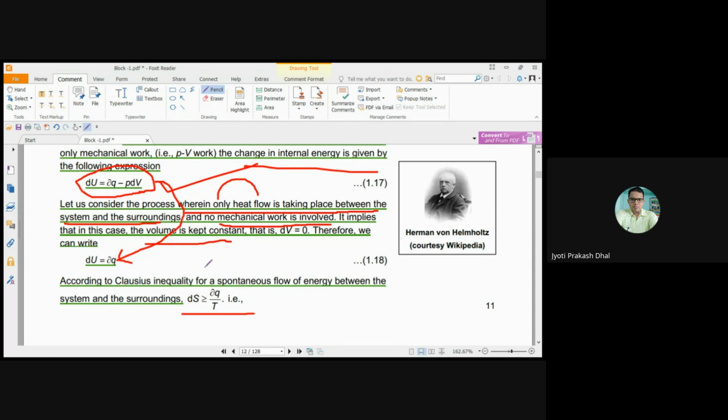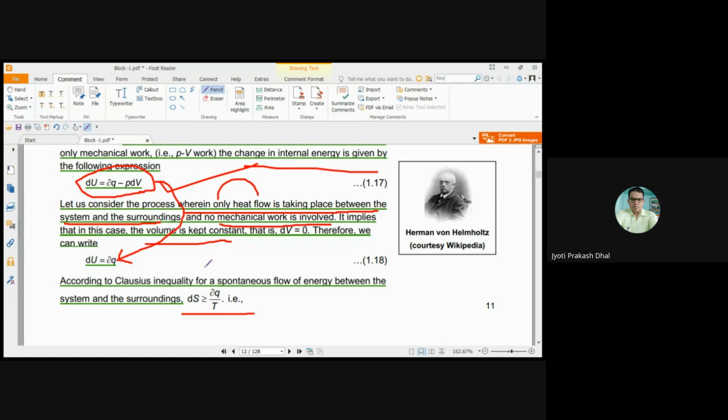That means if the volume of the system is kept constant, the heat exchange between the system and surroundings is only used to change the internal energy.